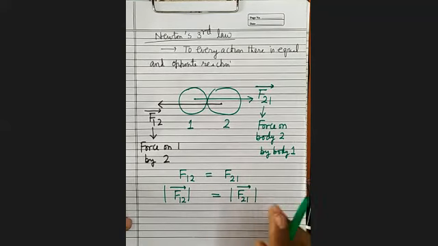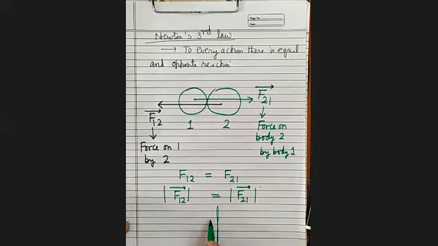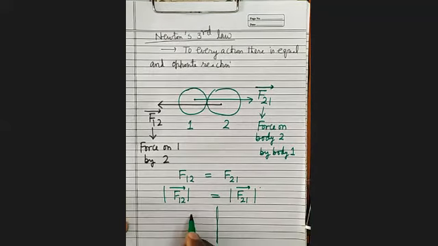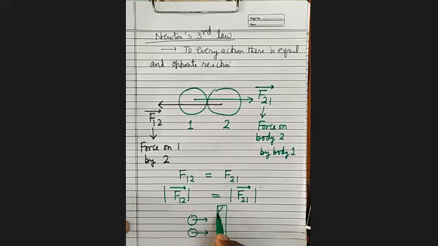And how can you verify this? See here, suppose this is a wall and you hit this wall with your hand, once softly and then very hard. एक बार हम वॉल को अपने हाथ से सॉफ्टली हिट करेंगे और दूसरी बार हार्डली हिट करेंगे.